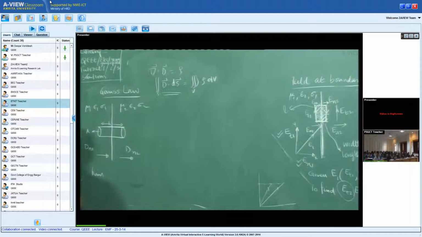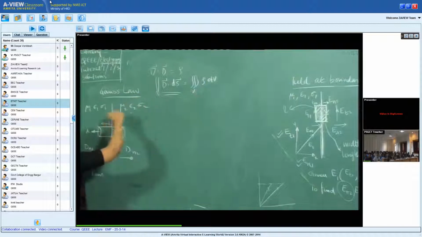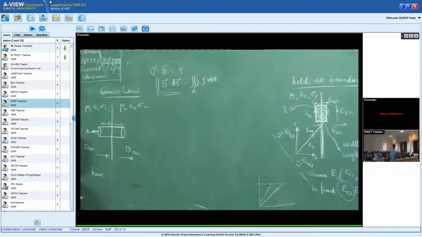Now how do I perform this integral? My dS is in this direction because dS is the direction of the outward normal. So the direction of the outward normal is here, on this surface. I'll put it in the limit h tends to 0.